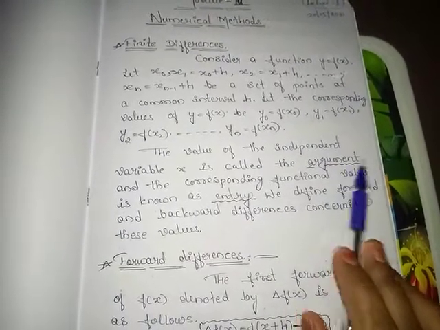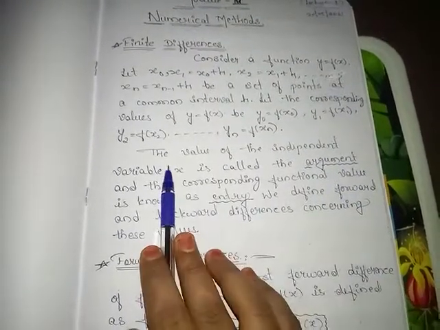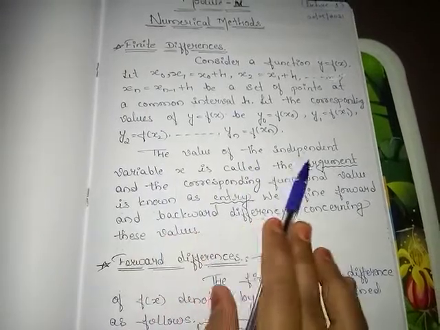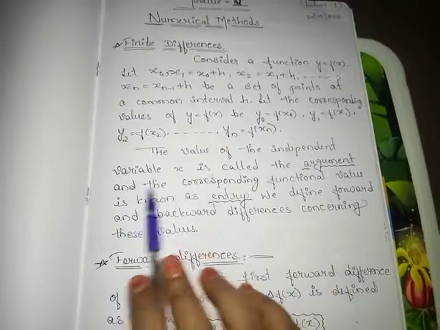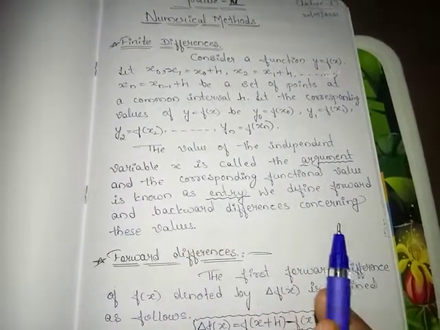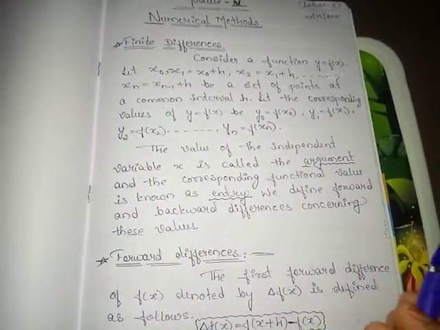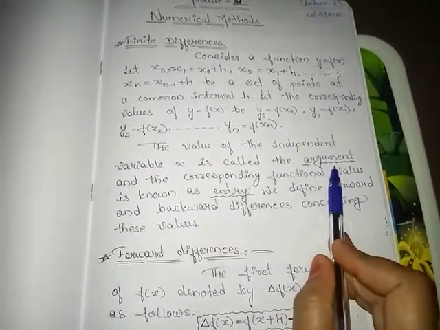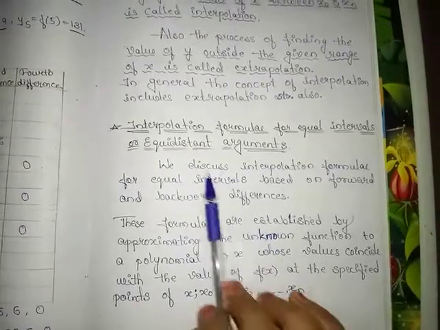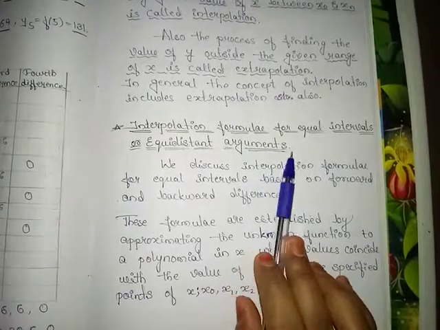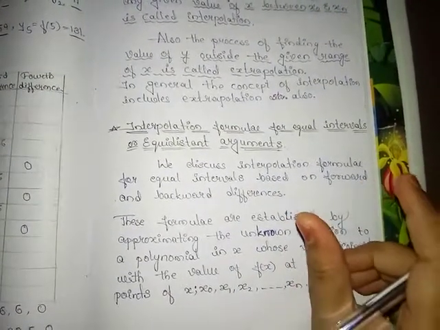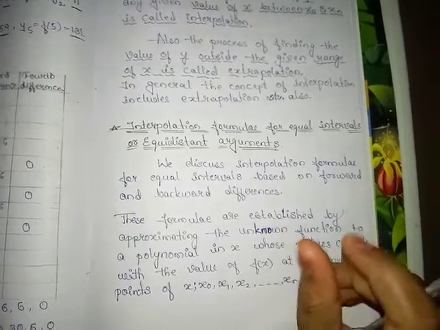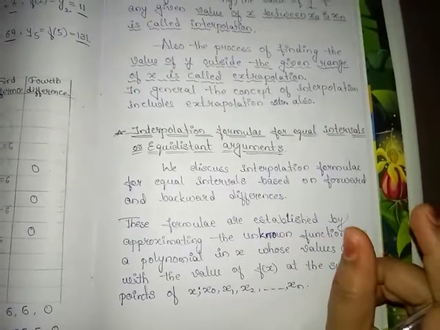The value of the independent variable x is called the argument. Here the values of x, that is x0, x1, x2, x3 and so on, are called arguments. Equidistant arguments means the values of x must have a common interval, that is, a fixed difference between every value of x.